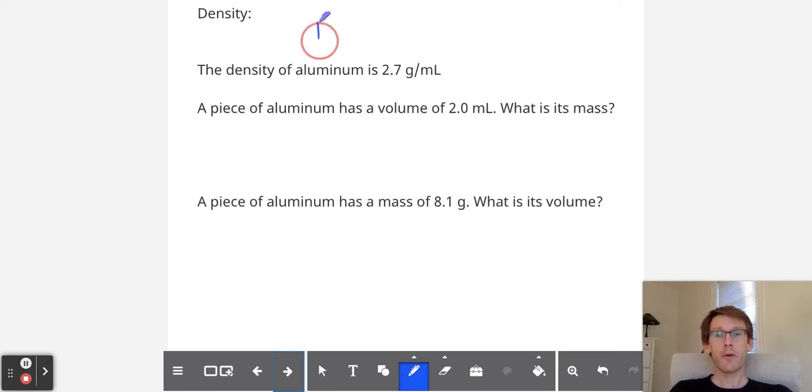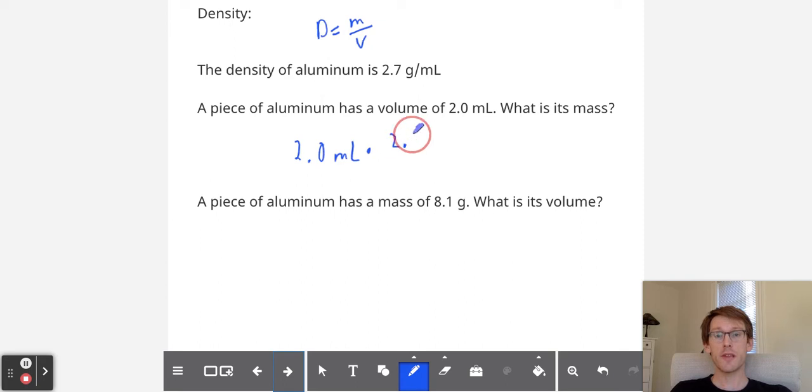I mentioned before that we can use dimensional analysis to solve simple equations. Density is equal to mass over volume, and I can use density itself as a conversion factor. So if I know I've got a piece of aluminum with a volume of 2.0 milliliters and I know its density, I can find its mass as follows. I can start with my 2.0 milliliter sample of aluminum, and I'm going to multiply by density as a conversion factor.